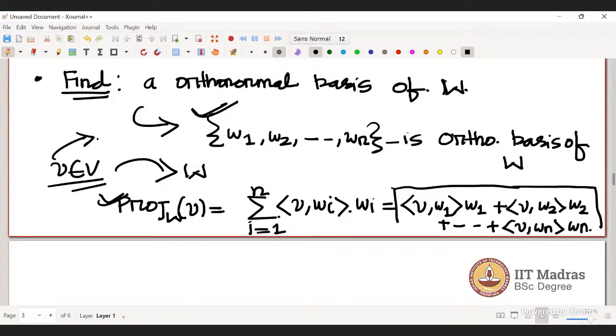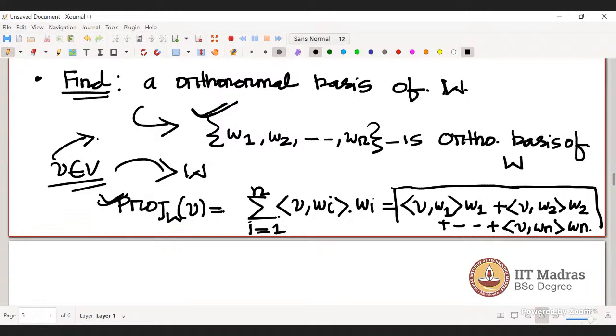Before we get to that, looking at the equation, since we are taking an orthonormal basis, geometrically, can we say that V will be 90 degrees normal to W1, W2, W3, each of them?